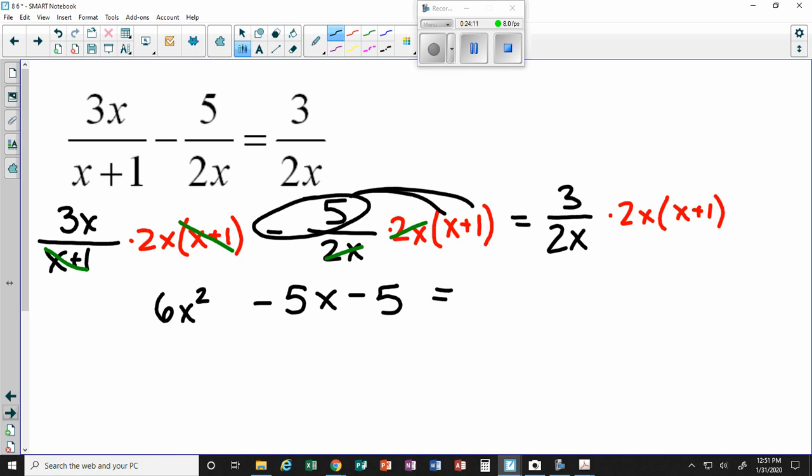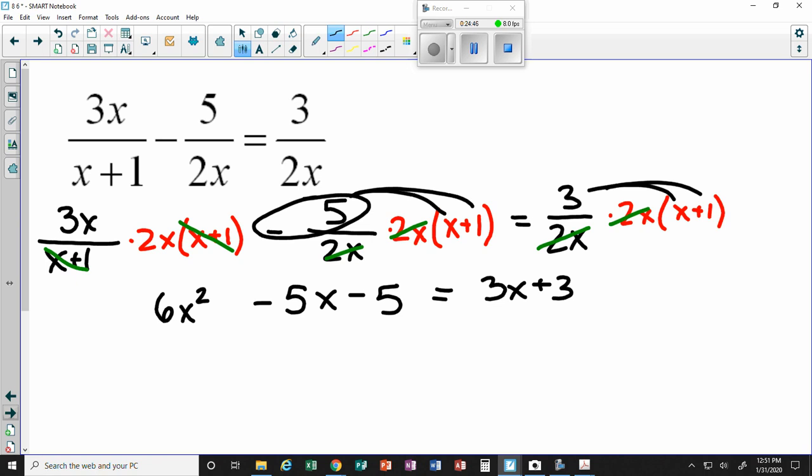Okay? Now on the right side, what's going to happen? 2 x's are going to cancel. So what do I have to do now? I take and distribute the 3. 3x plus 3. So now, when I look at this one, how many different x terms and different types do I have? 2. I have 2 different types. I have 3 total different variable terms, and I have 2 different types, right? I have 1 x squared term, and then I have 2 x terms.